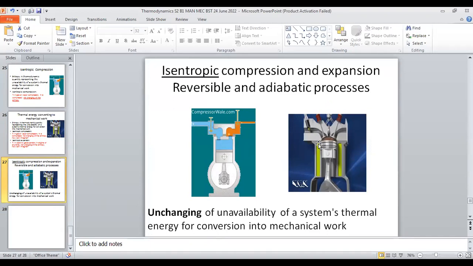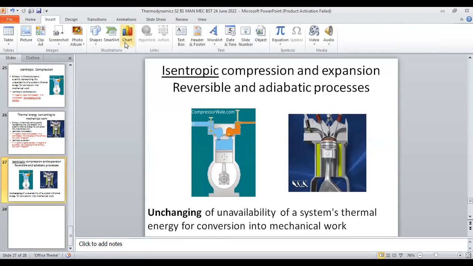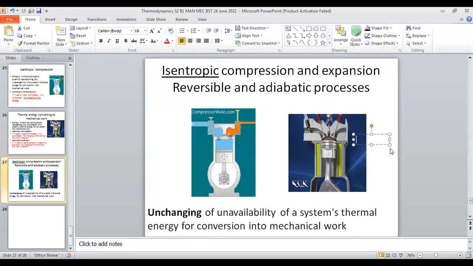Initially, there is a certain unavailability. So let's say here, entropy level S1.